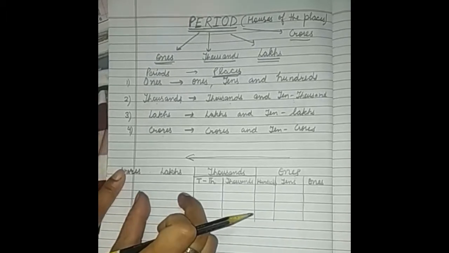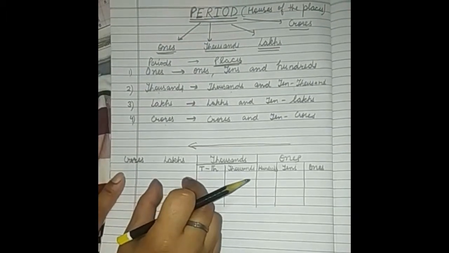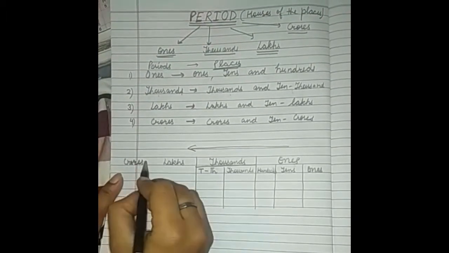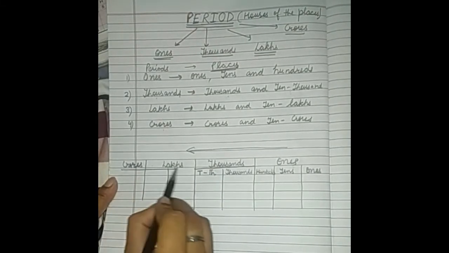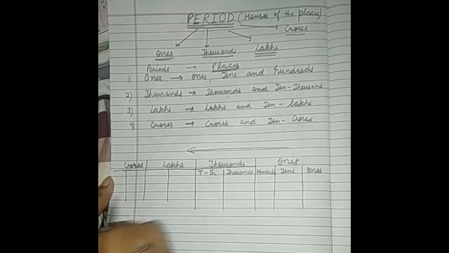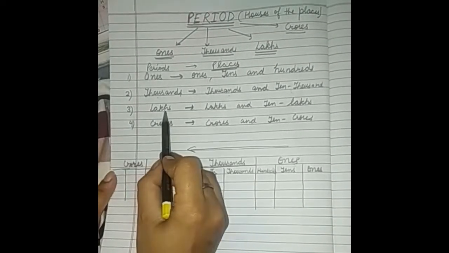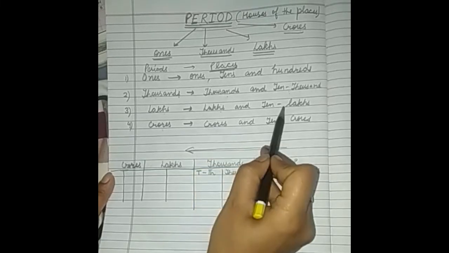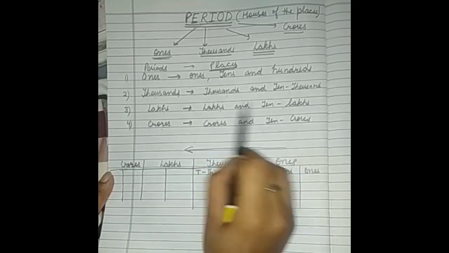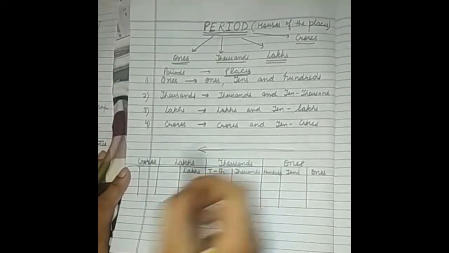Similarly, we will further divide the period of lakhs in two. Then we will make two columns of lakhs and crores also. Now you can see that in the lakhs period we have written the places of lakhs and 10 lakhs. So first is lakhs and second is 10 lakhs.